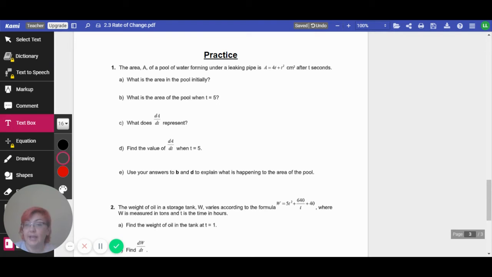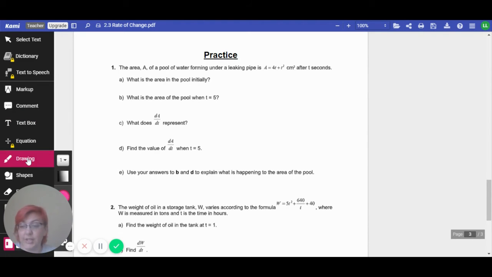The area A of a pool of water forming under a leaking pipe is A equals 4t plus t squared centimeters squared after t seconds. So what is the area of the pool initially? Initially would be when time is 0.